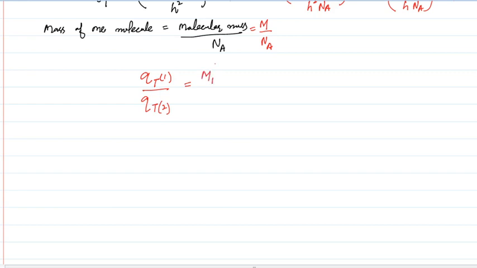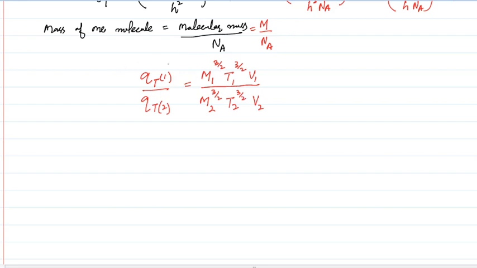Suppose this is molecular mass of 1 and temperature of the same and volume. That means we can compare the results. This is simply for how to solve questions based on this.